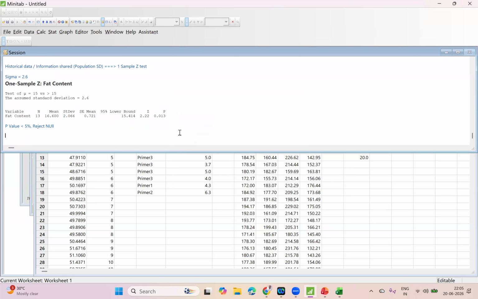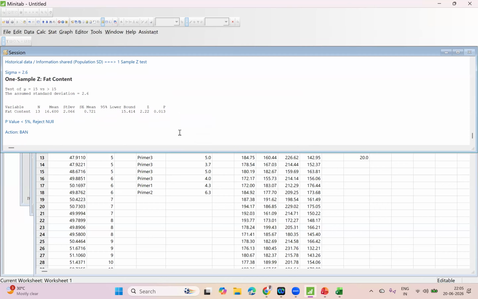Reject the null. So what is the action required? What is the action I have written? Ban the cooking oil.